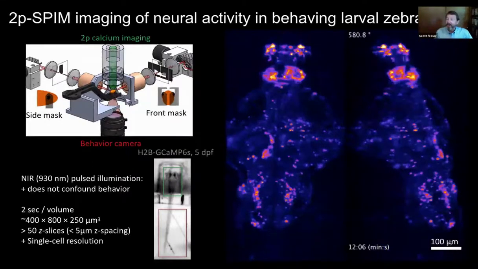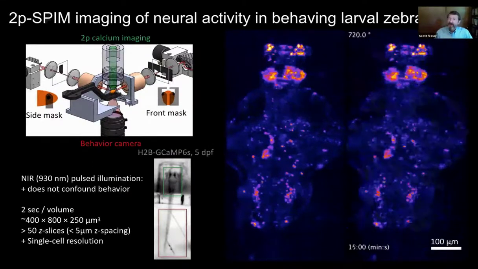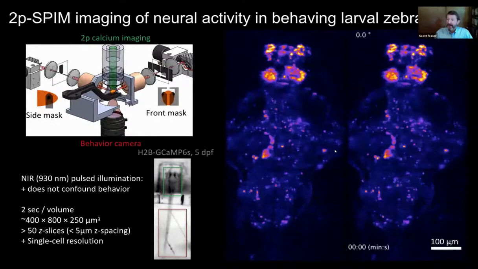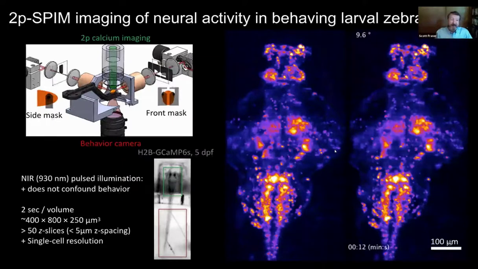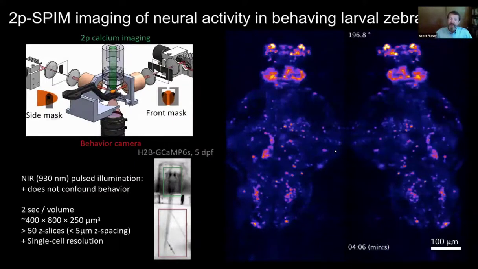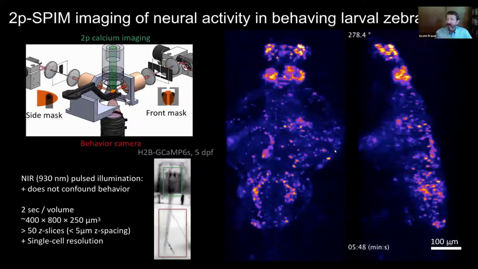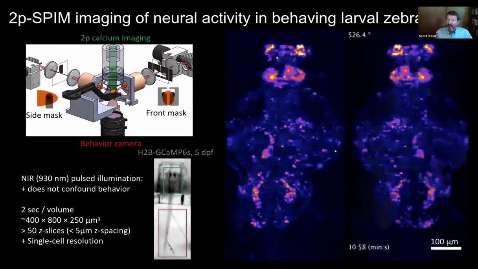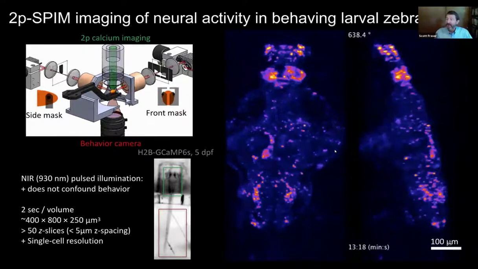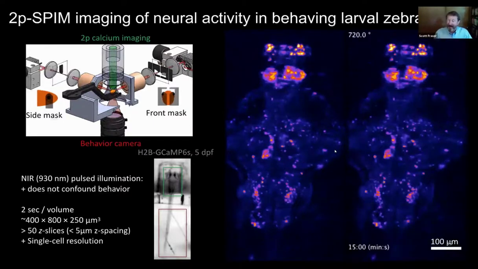We've been able to image for up to days to be able to follow the activity, in this case, followed by using GCaMP6s, a calcium indicator that's genetically encoded. And you can see the individual flashes that are the cells as they become active and their calcium levels increase.